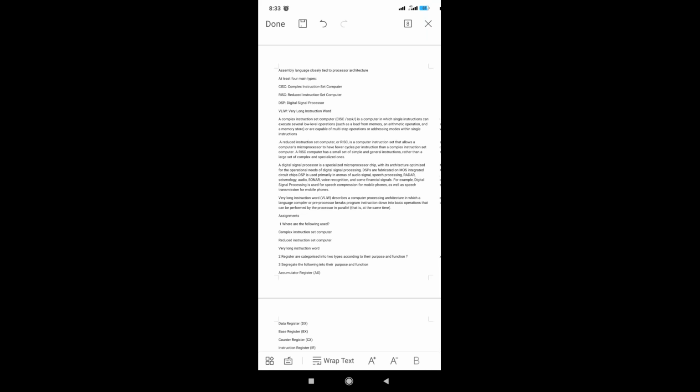Very long instruction words are found in your processing architecture, such as in word processors and the rest of them. Most of them come with special kinds of devices. So these are where you can get hold of these types of assembly languages, and where they are being used.